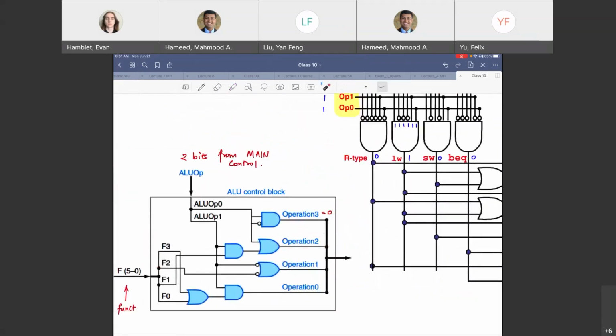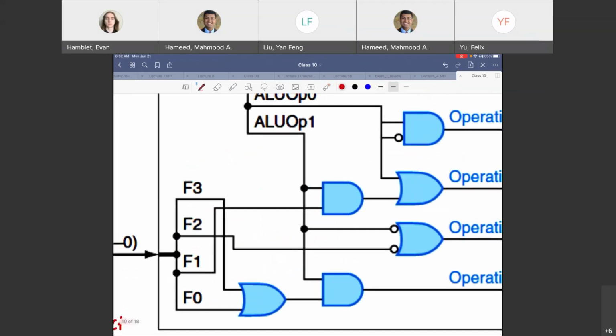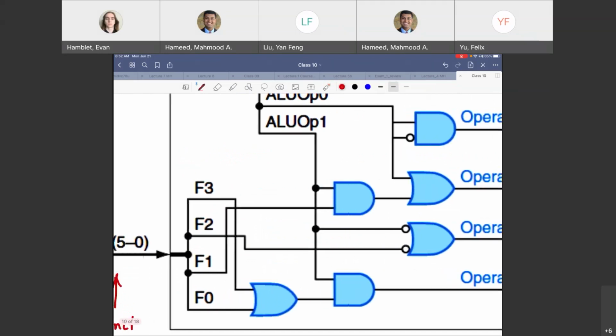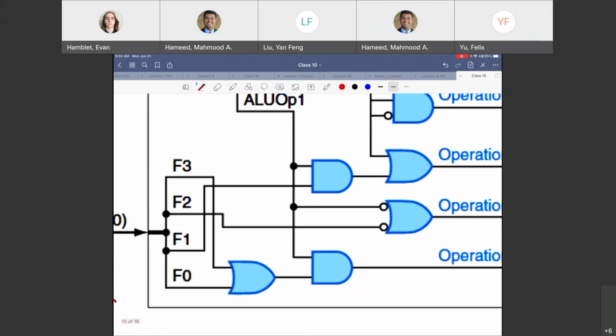Operation 2. This is ORing of this guy. Sorry. We need to AND this with that guy, F1. Here, let me do this. They are F0, F1, F2, F3. The two most significant bits are not mattering here.